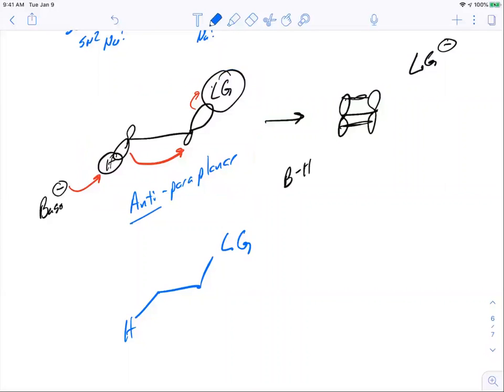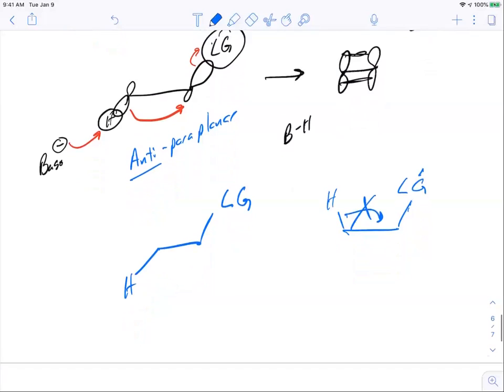If I had this arrangement, then that doesn't work, right? I'm not putting the electrons in the anti-bonding orbital. So I have to have this arrangement, right? If it's like this, that's not going to work. If it's like this, that's not going to work, right? So for an E2 to occur, there has to be the possibility of an anti-periplanar arrangement.